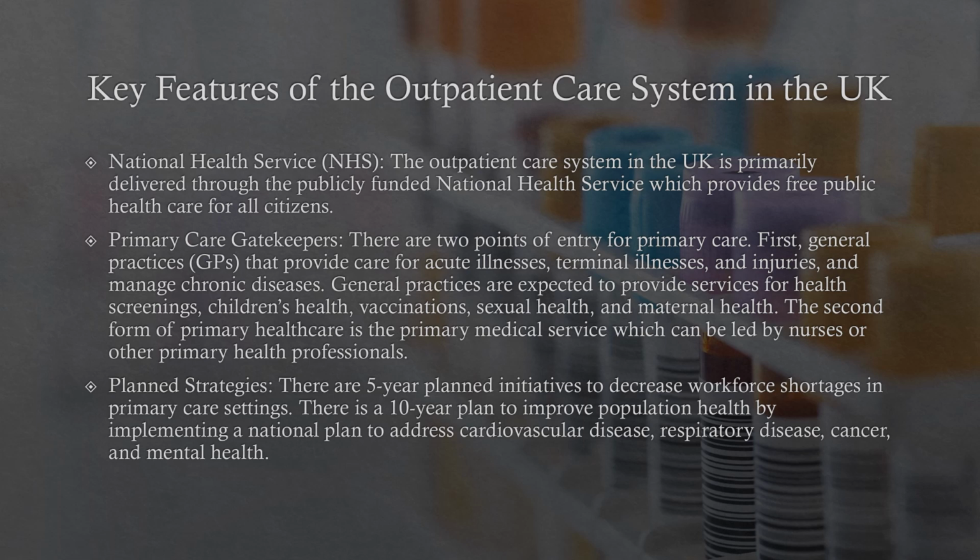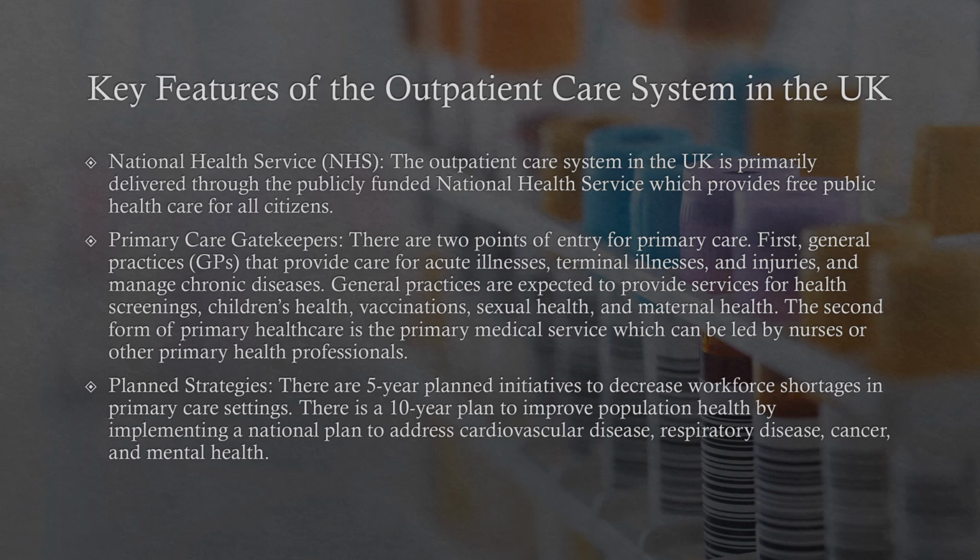So in the UK, they have a 5-year plan of initiatives to decrease the workforce shortage in primary care. They noticed over a period of time that people have not been going to school for primary care, or even to become a physician and specialize.